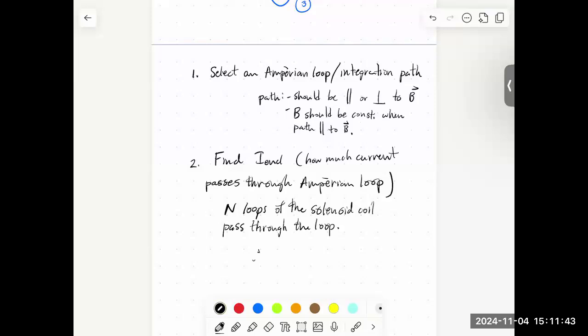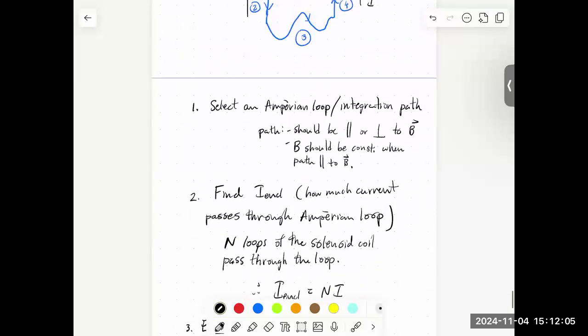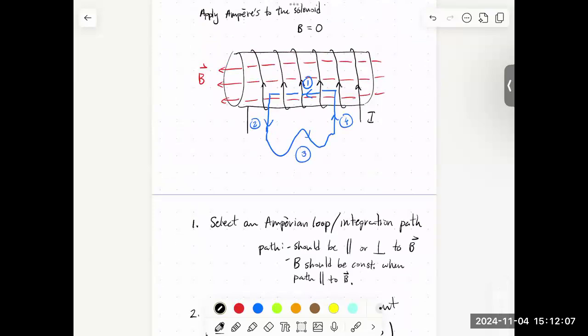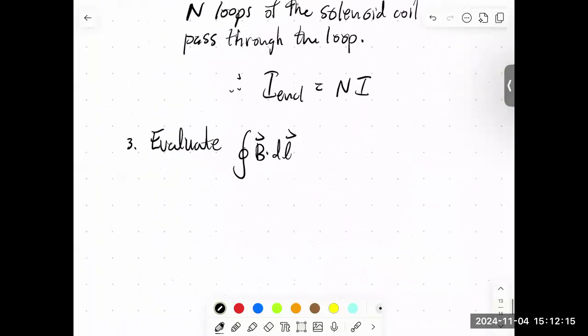And so therefore, I enclosed is equal to n times I. All right. So step 3 is to evaluate this B dot dl. Now for us, our path has 4 different parts to it, and so I have to break this up into 4 parts. You could maybe see already that a bunch of them are going to be 0.